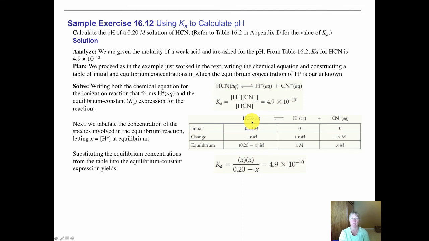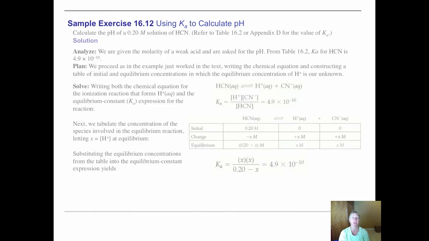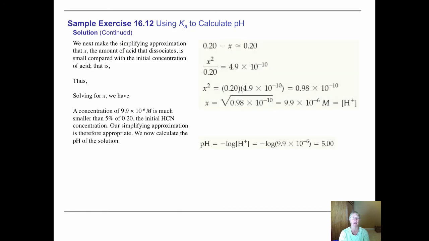So these problems become very simple. X squared divided by 0.2 will be equal to the given Ka, and you can solve for X, and from that take the negative log.